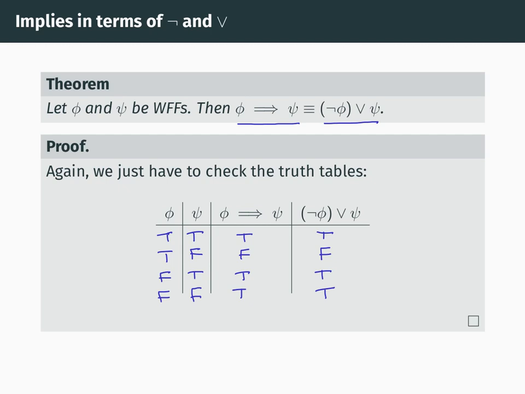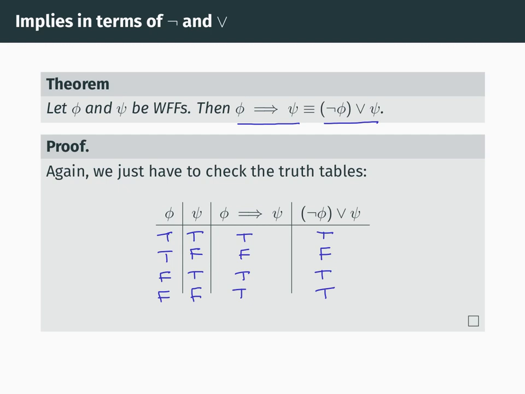And you can see that what this logical equivalence allows you to do is take a formula which had implies in it and get rid of the implies and produce a logically equivalent formula which didn't use implies. Because every time you see a well-formed formula containing implies, you can replace phi implies psi by not phi or psi, and thereby obtain a logically equivalent formula that doesn't use implies.